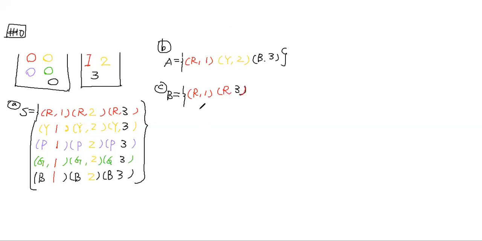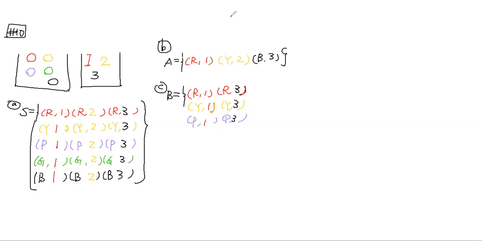And then the odd numbers, the next ones here, I have yellow 1 and yellow 3, right? And then I have a purple 1 and a purple 3.